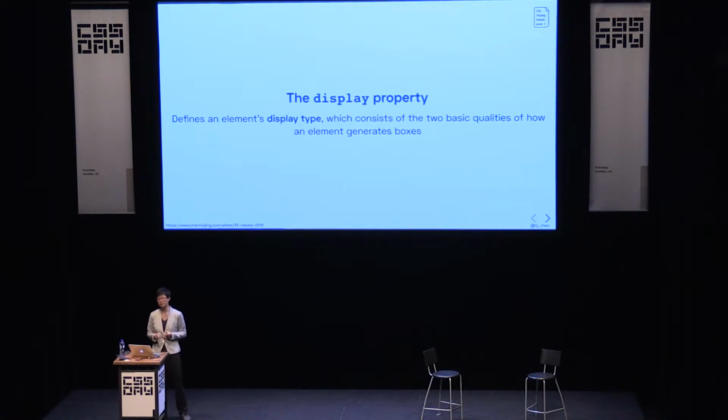The CSS display module level 3 is meant to replace and extend the display property from CSS 2. Some of the things I mentioned may not be implemented in browsers yet, but do paint a picture of future CSS to come. So it used to be that a single keyword syntax for display was enough because we only had block boxes, inline boxes, and table boxes, and they could pretty much exist in the world on their own.